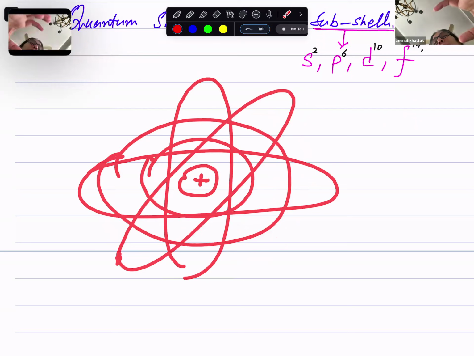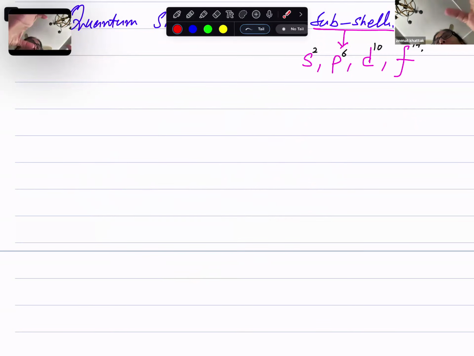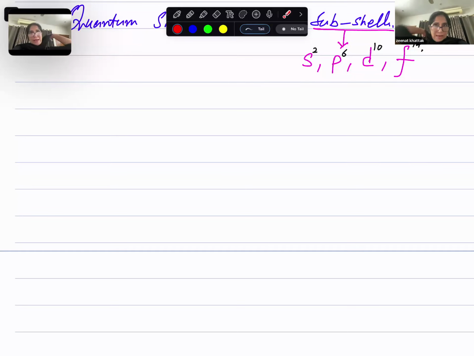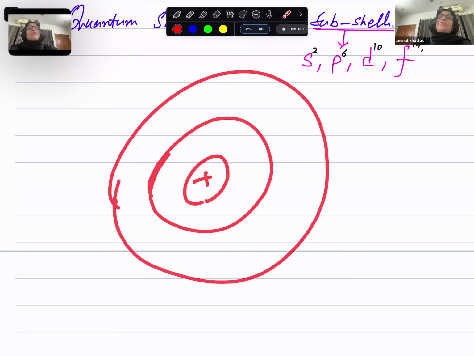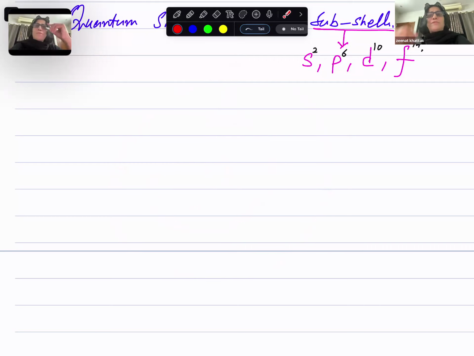They don't get close together. The electrons in an atom try to be as far as possible from each other. Why? This is the nucleus. These are electrons. Do you think the electrons attract or repel? They repel. Would they try to get close, or try to be as far as possible?